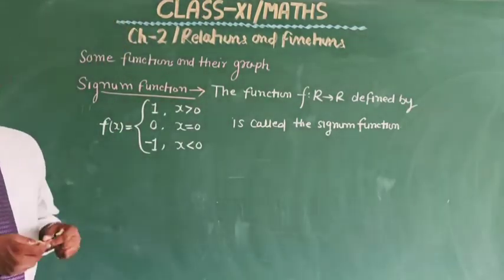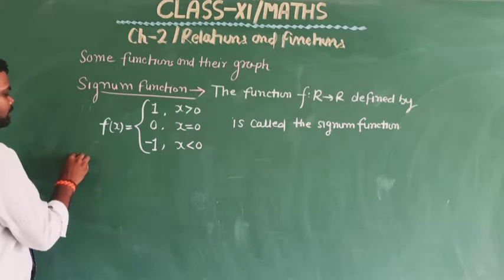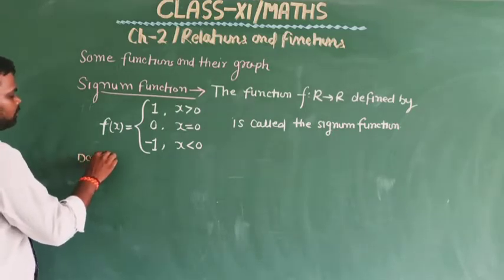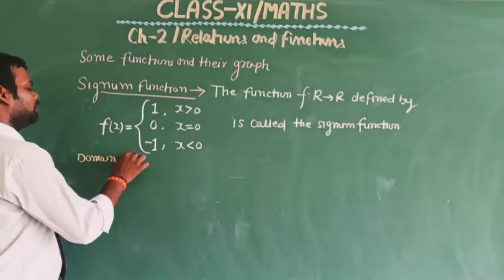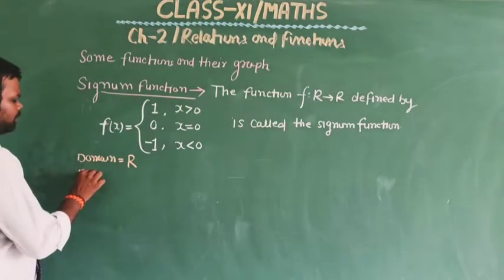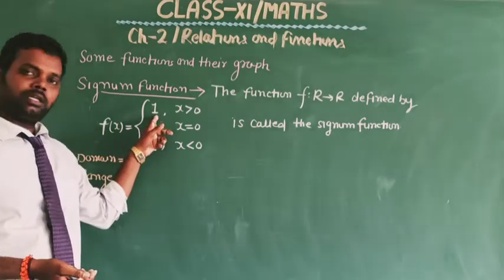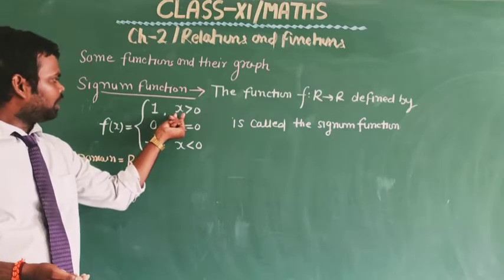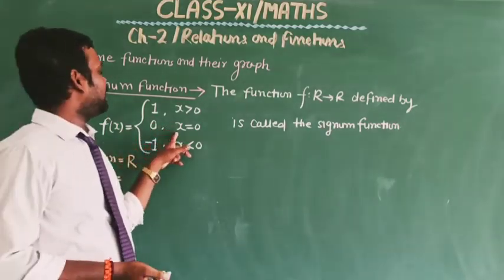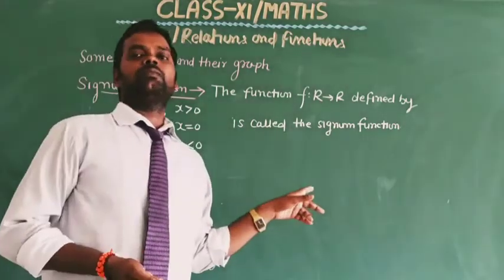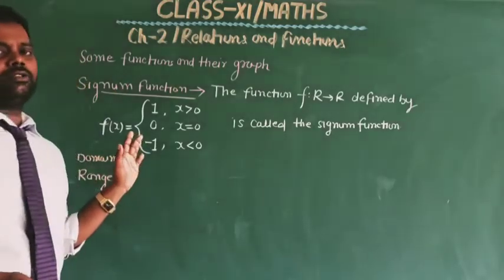Now the domain of the signum function is all real numbers, and the range: here we see that for all x greater than 0 the value of the function is 1, at x equal to 0 the value is 0, and for every x less than 0 the value of the function is minus 1.